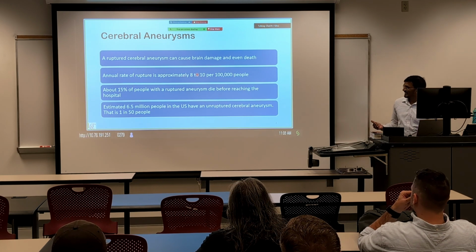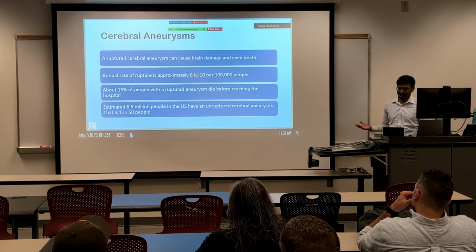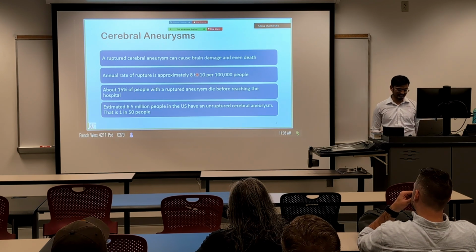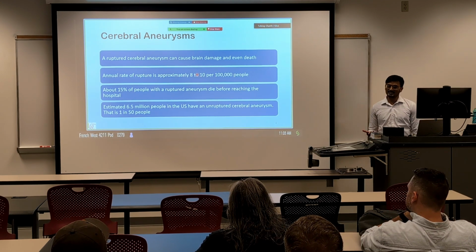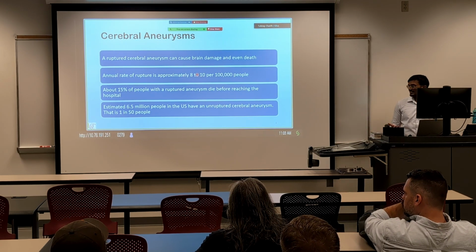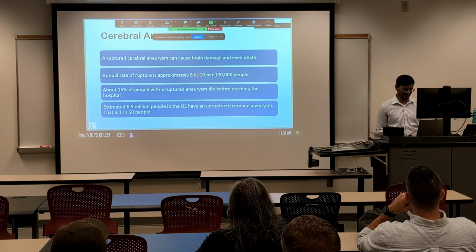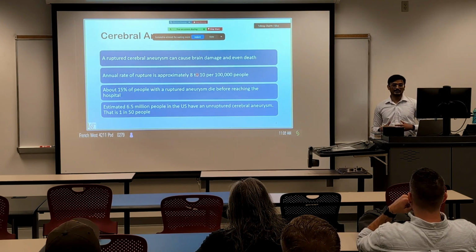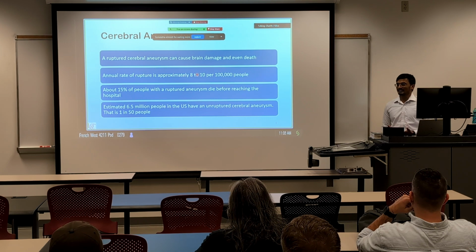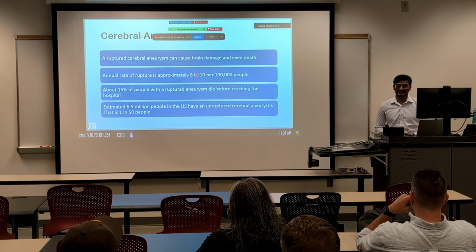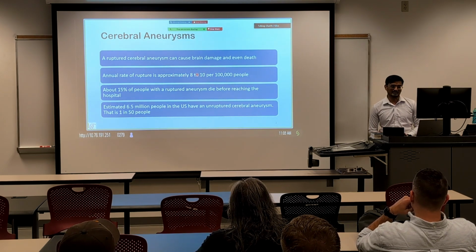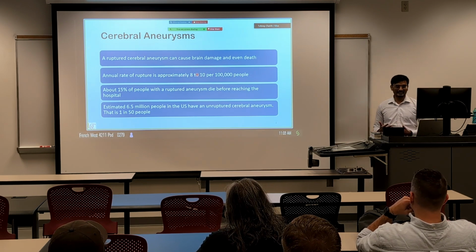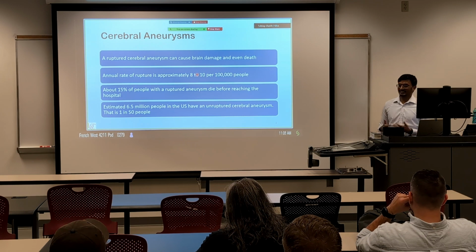Also, an estimated 6.5 million people in the US alone have an unruptured aneurysm. So it's about 1 in 50 people. That's quite a large number. So if we are going to do treatments for all these 6.5 million people, that's going to be a big problem. So as I mentioned earlier, a proper way to analyze the blood flow is necessary.